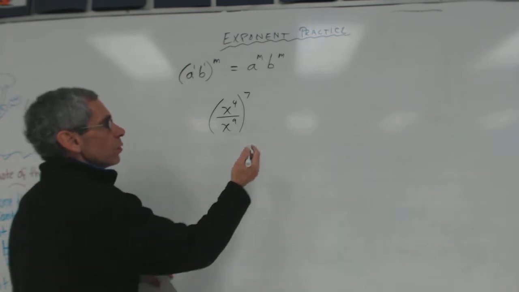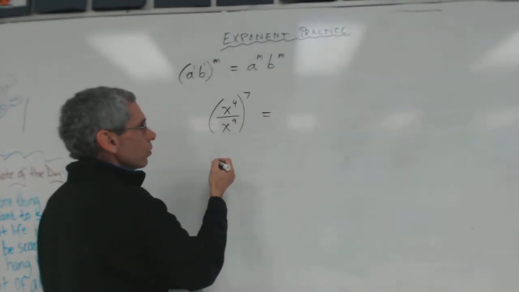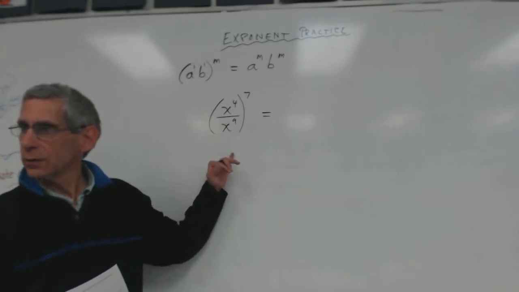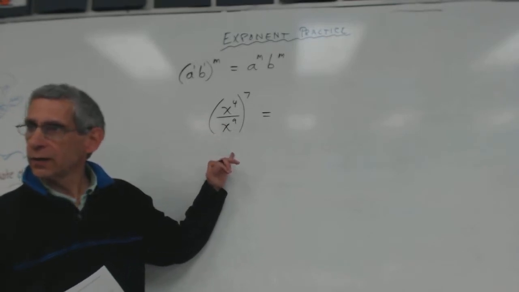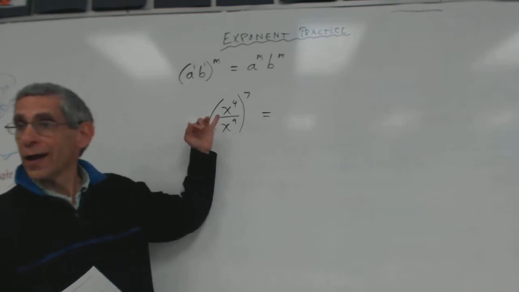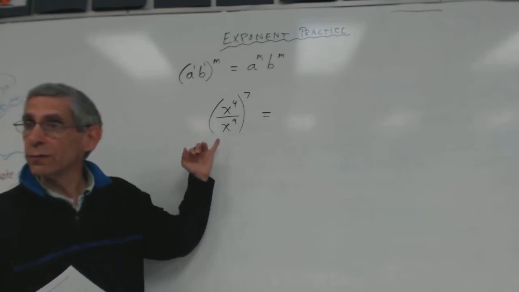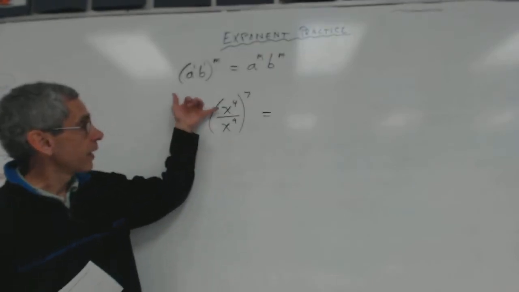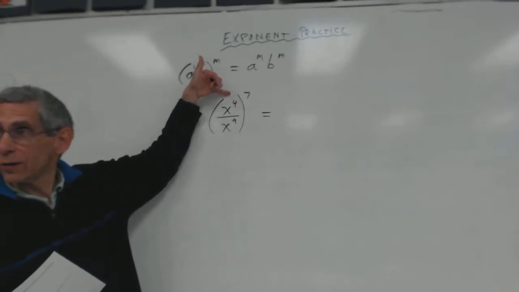So I'm going to simplify this. Are they same bases upstairs and downstairs? Yeah. And that's not good, right? We're not simplified yet. So I got to move one of them upstairs or one of them downstairs. Top down, right? I got to take the one with the smaller exponent.